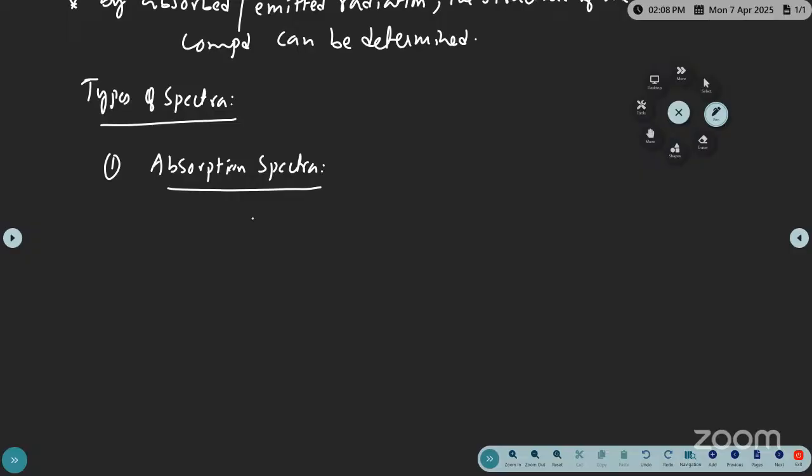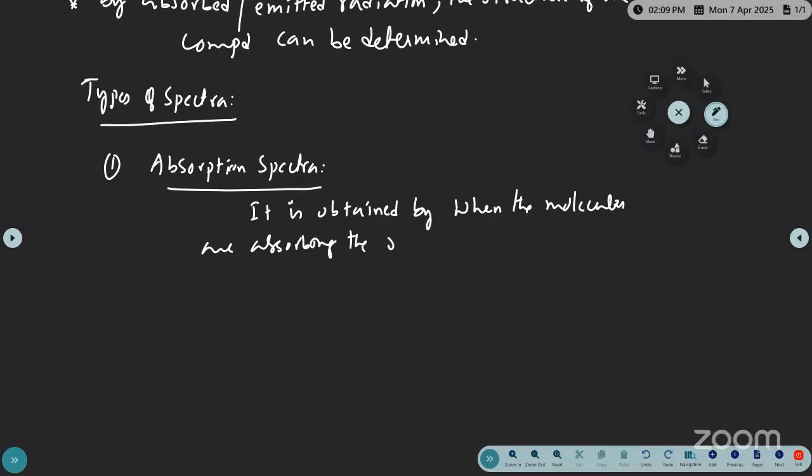This spectra is obtained when the molecules are absorbing the radiation.